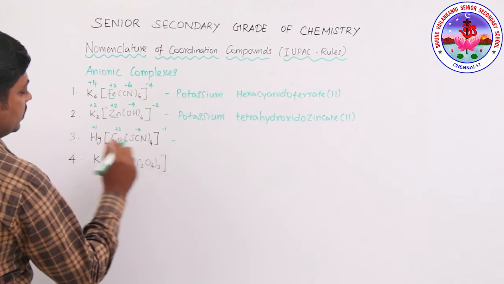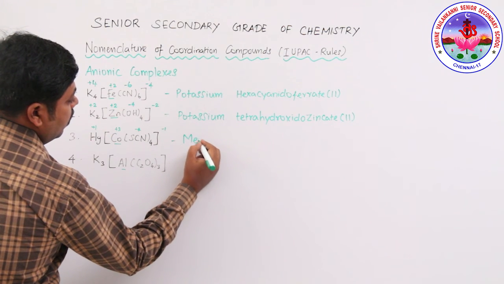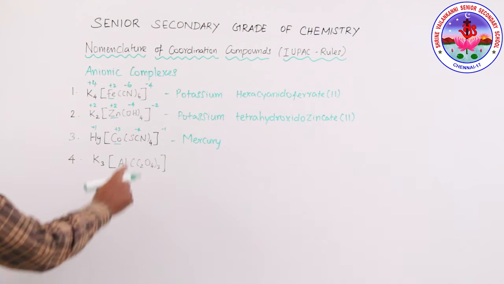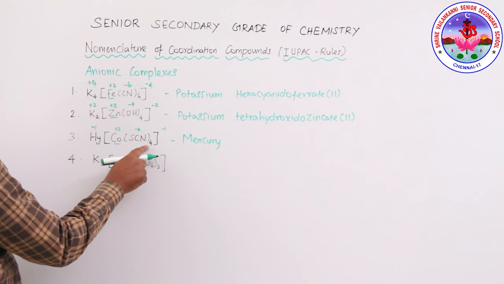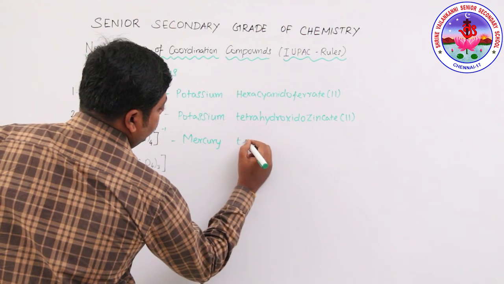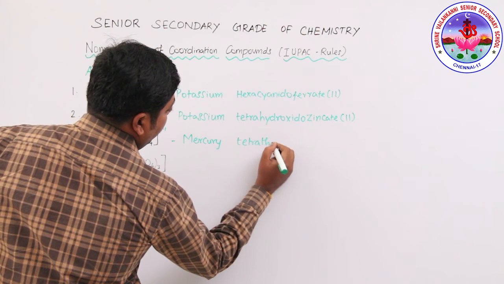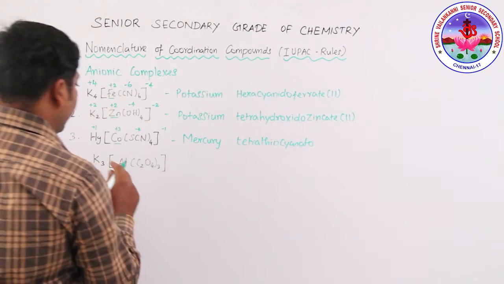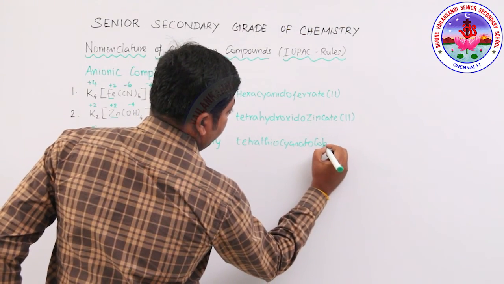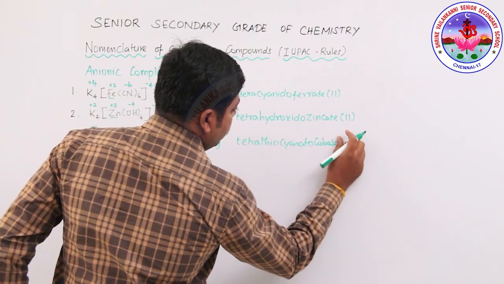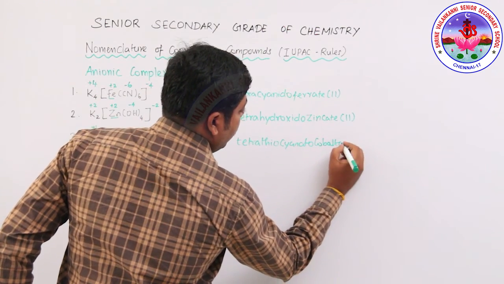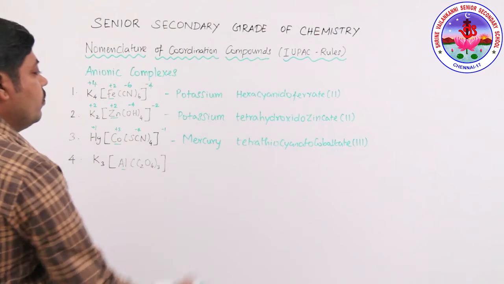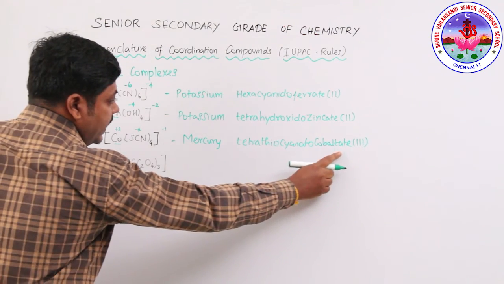Now write the name as mercury, then thiocyanato. How many? 4, so tetrathiocyanato, then cobaltate. The oxidation number is 3. So mercury tetrathiocyanatocobaltate(III).